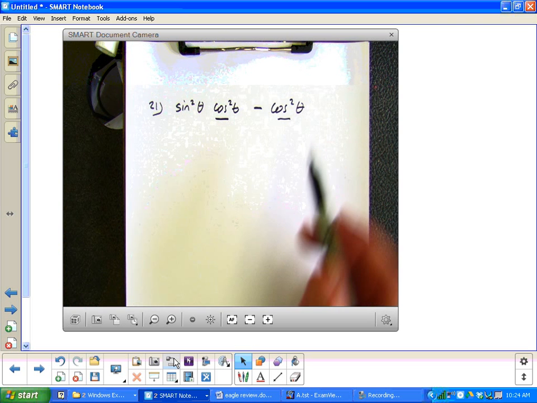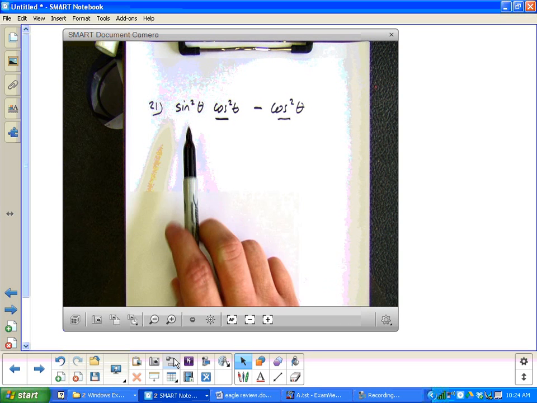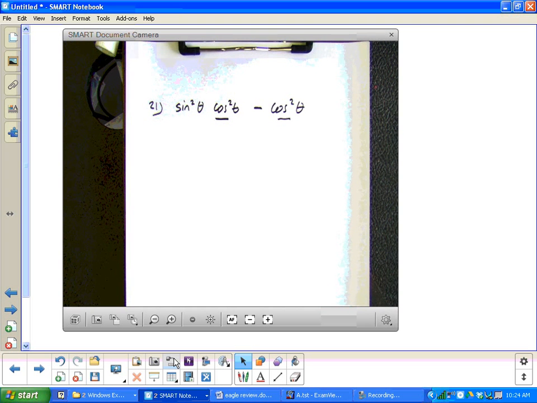Both terms have a cosine squared. No, we've already said we can't do that because you have to multiply before you subtract. No, because you don't have both sides. It's an expression, it's not an equation. Thomas, you said distribute. No.